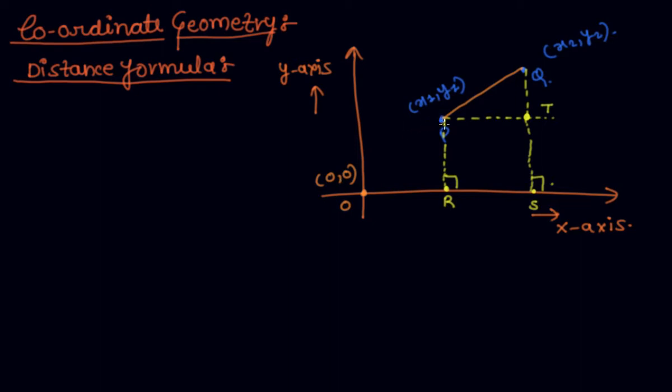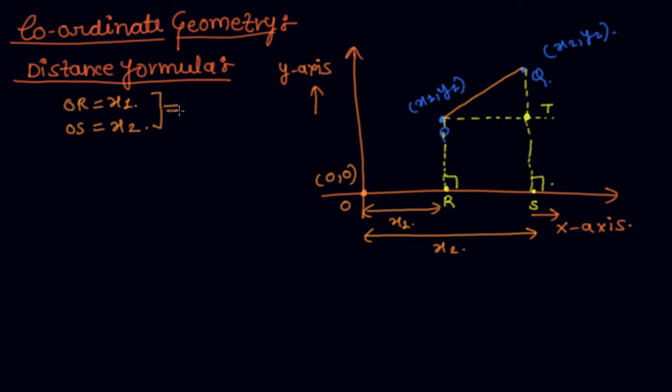The coordinate of point P is x1, y1, so the horizontal distance OR is equal to x1. Similarly, the coordinate of point Q is x2, y2, so the horizontal distance of S from O is x2. So OS is equal to x2.